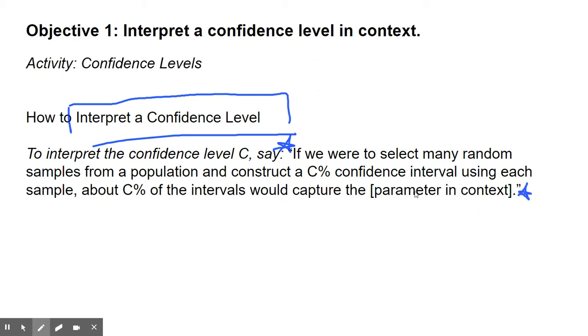But as you'll see in the next slide, we are talking about what percentage of intervals would actually capture, not how confident I am that the interval captures the value, but what percent would capture had I kept getting many random samples and getting these sample values. So say it was a mean problem. If I got sample mean after sample mean after sample mean, and I built a confidence interval, C% of these confidence intervals would capture the true value.